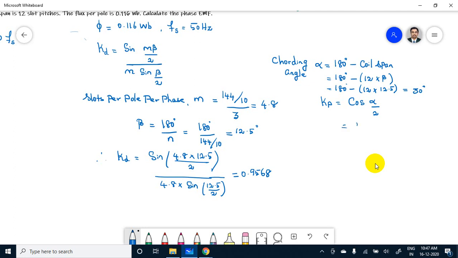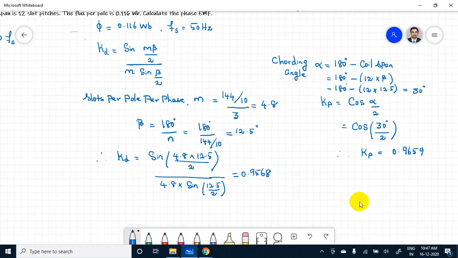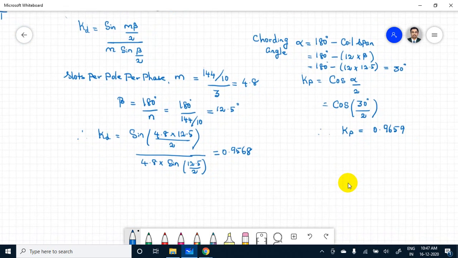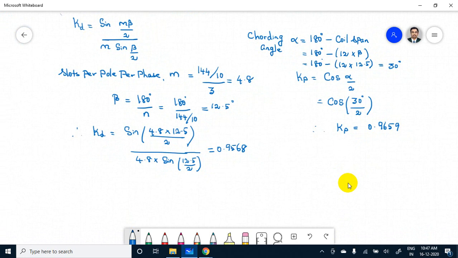Okay, substitute this parameter here. Cos 30 degree divided by 2. So you will get Kp equal to 0.9659. Okay, so with both these parameters, the T also we are going to calculate, number of turns.